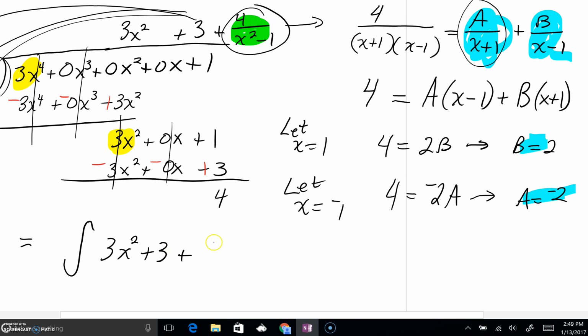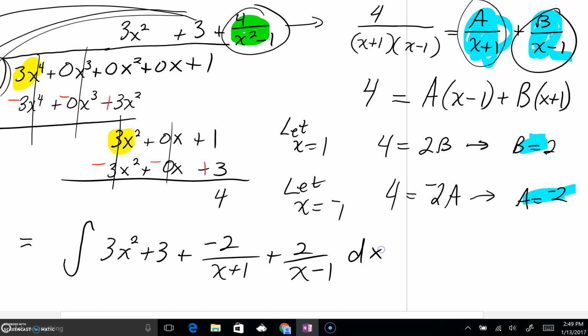My A is negative 2 over x plus 1. Then over here is my B over x minus 1. My B is a 2. And guys, right now, if you look at every part of that integral, all 4 separate terms there, I can find an antiderivative for all of them.